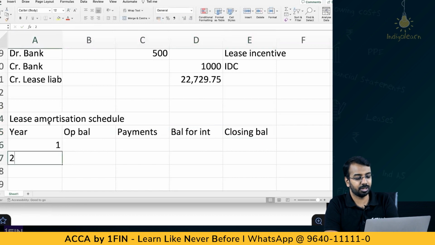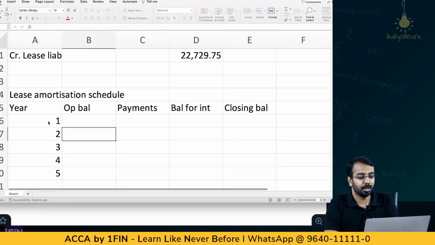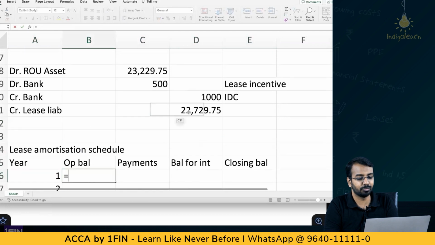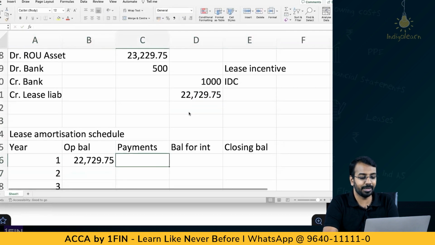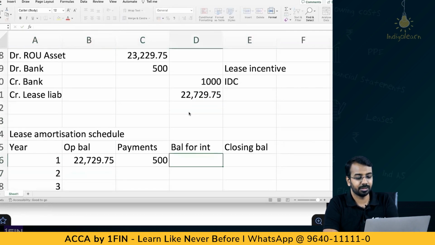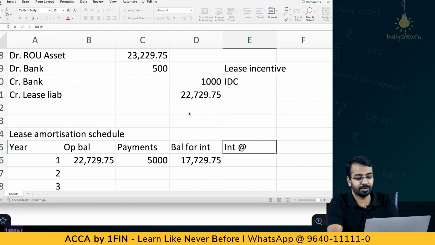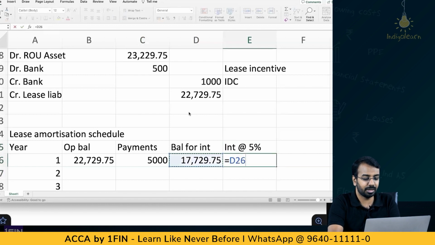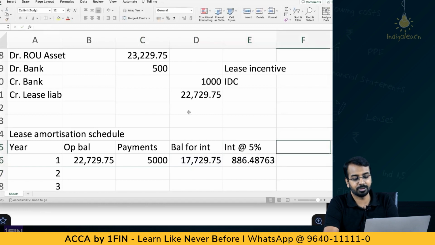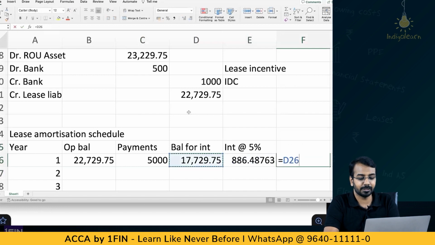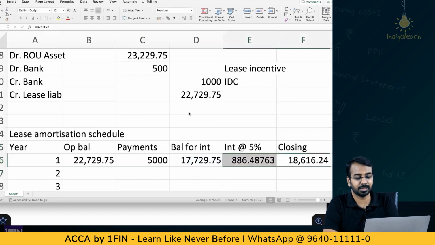So year 1, 2, 3, 4, 5. Opening balance of lease liability is 22,739. Payment is 5,000. Balance for interest 22,739 minus 5,000. Interest at 5%, 17,739 into 5%. Closing balance, balance plus interest, 18,626.